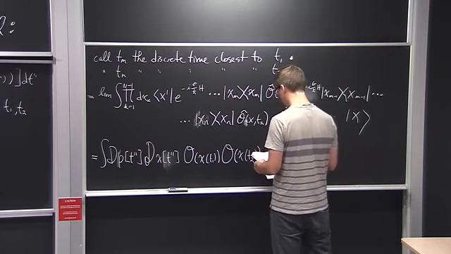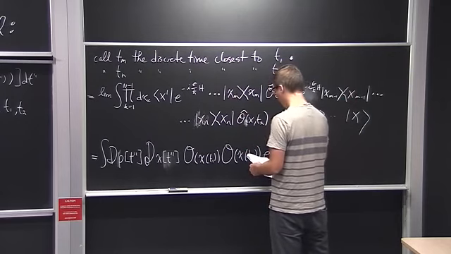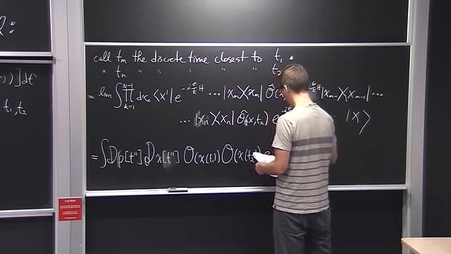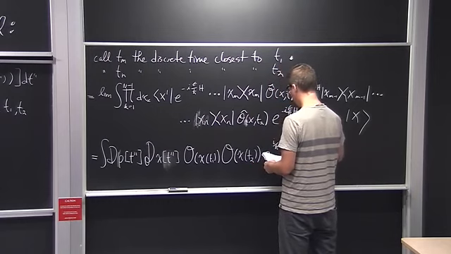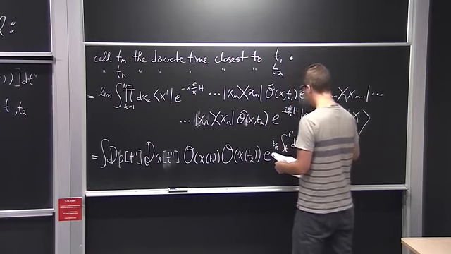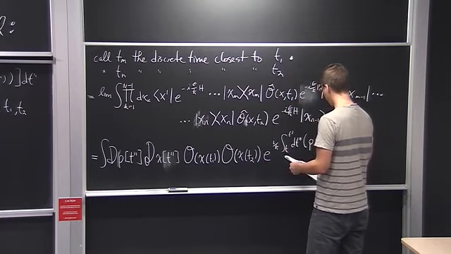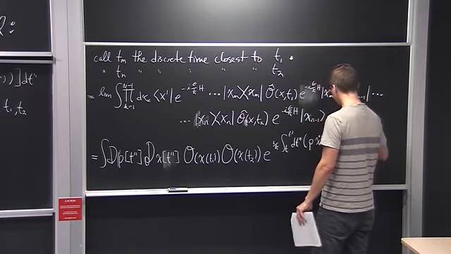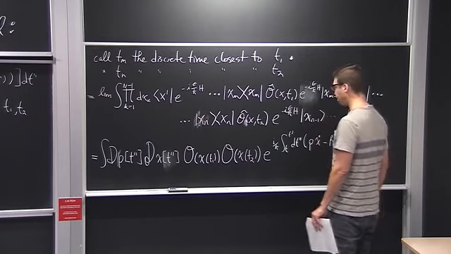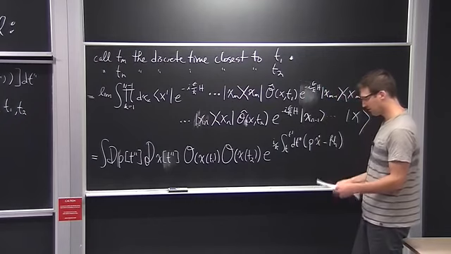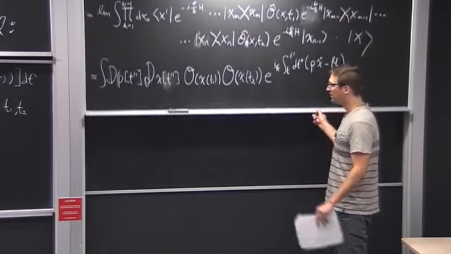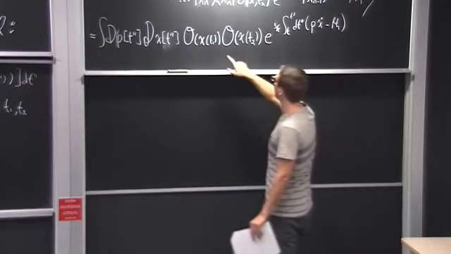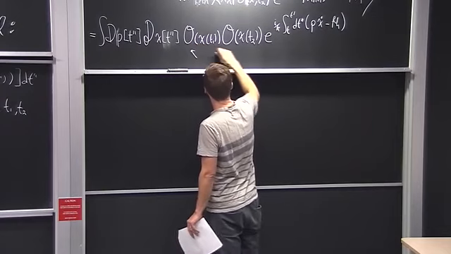I should have labeled them 1 and 2. And then the rest of the path integral is just like you remember. So T to T prime, dt double prime, P x minus h. And these things are no longer operators. These are C numbers.